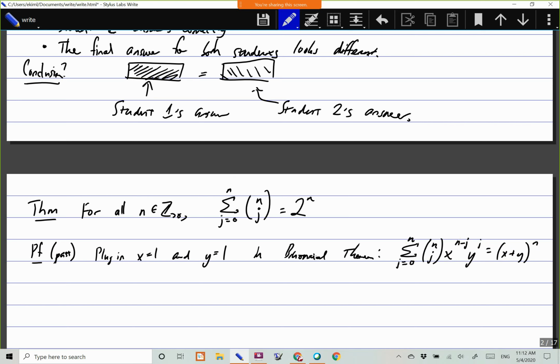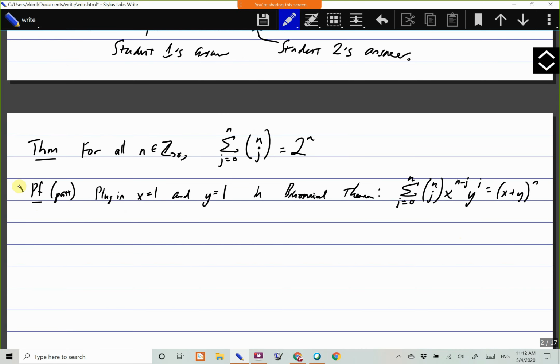So I've swapped the two sides of the binomial theorem from the way we used to present it, but that's one way to provide a proof. It's just this proof is not a combinatorial proof.